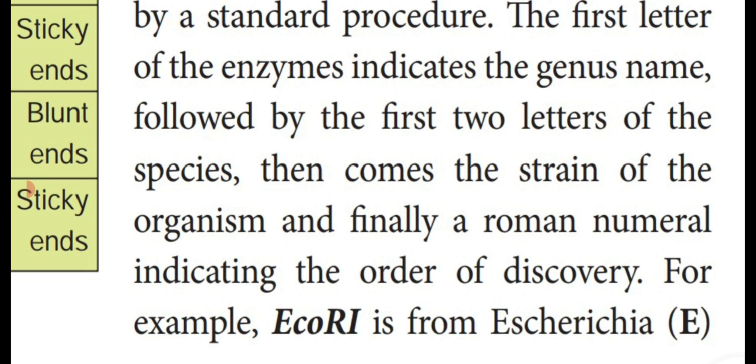The last Roman numeral indicates the order of discovery of the enzyme from the bacteria. That is the way we have to write the restriction enzyme. For example, EcoRI: E is the genus name Escherichia, co is the species name coli, R is the strain of bacteria, and Roman numeral I is the first discovery of the enzyme.